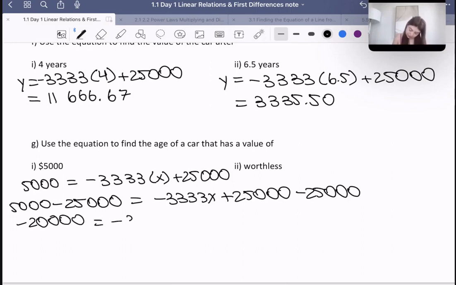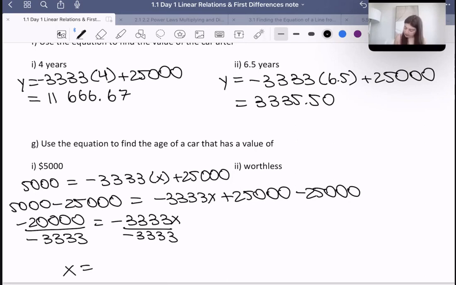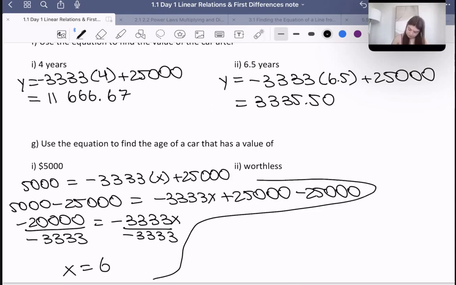On the right, we'll get negative 3,333x. And then I'm going to divide both sides by negative 3,333. If we plug that in our calculator, we're going to get 6. So therefore, the car will have a value of $5,000 after 6 years.